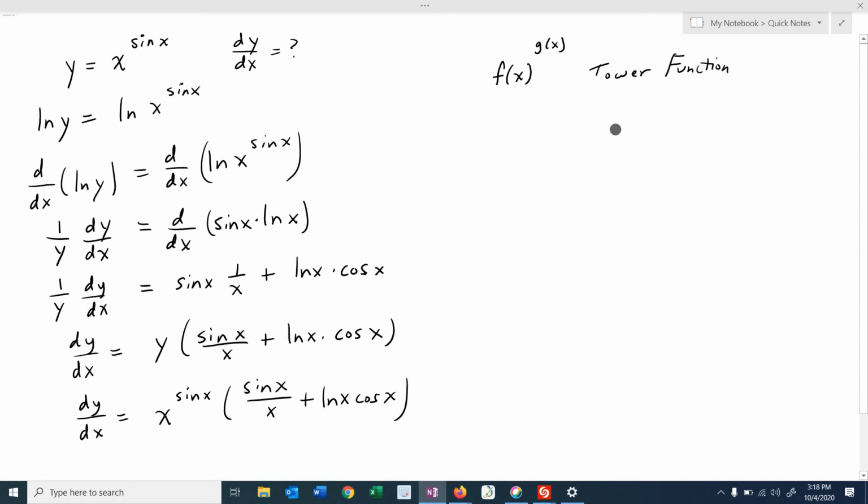Remember, earlier in this section, we talked about this property that e raised to the ln of x is the same as x, since e and ln are inverse functions of each other. So we can take advantage of this property. If this is true, then if I take e raised to the ln of x raised to the sine of x, then that would be the same as x raised to the sine of x.